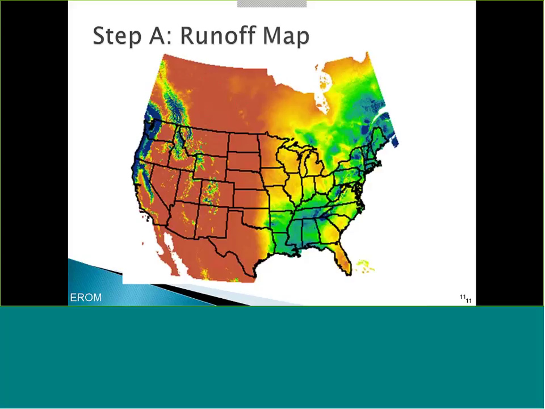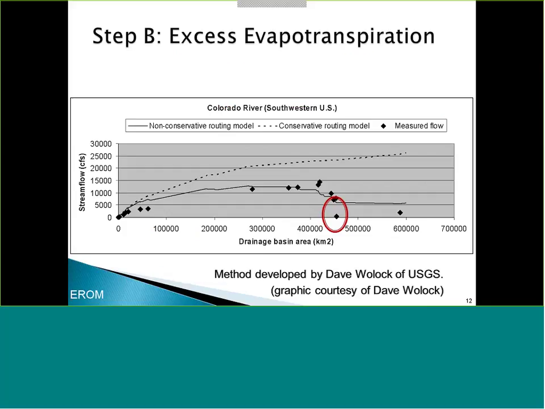And this is what the runoff map would look like. This would be for mean annual flow. This is our runoff. This would be how runoff looks in our grid. And it's a fairly fine grid that we're using, about 900-meter grid, I believe. The second step, step B, is called excess evapotranspiration.